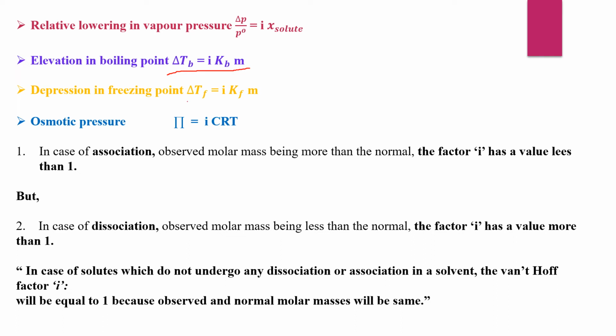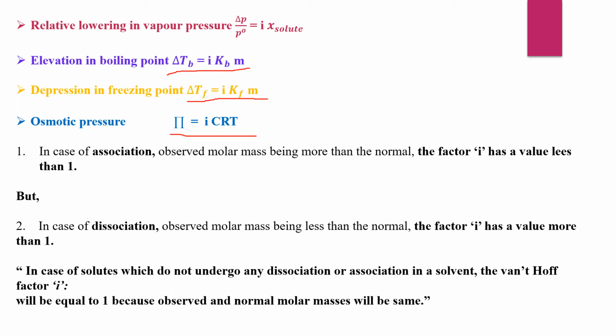Similarly, for depression in freezing point, delta Tf will be equal to i Kf into molality. And osmotic pressure changes as pi equals i multiplied by CRT, because the Van't Hoff factor is used for the extent of association and dissociation. Pi will be equal to iCRT.